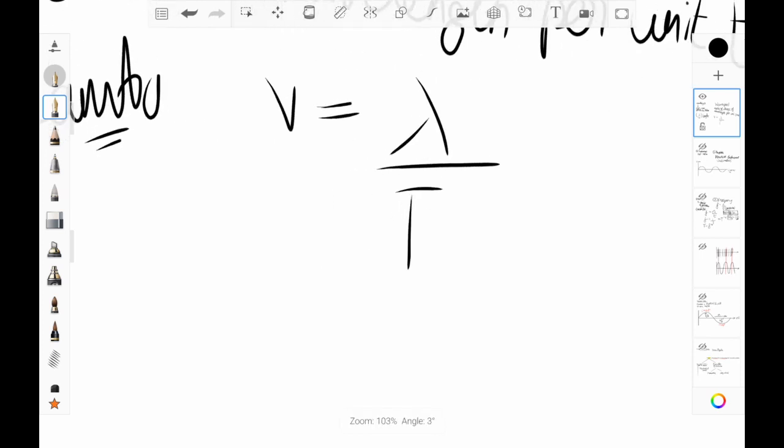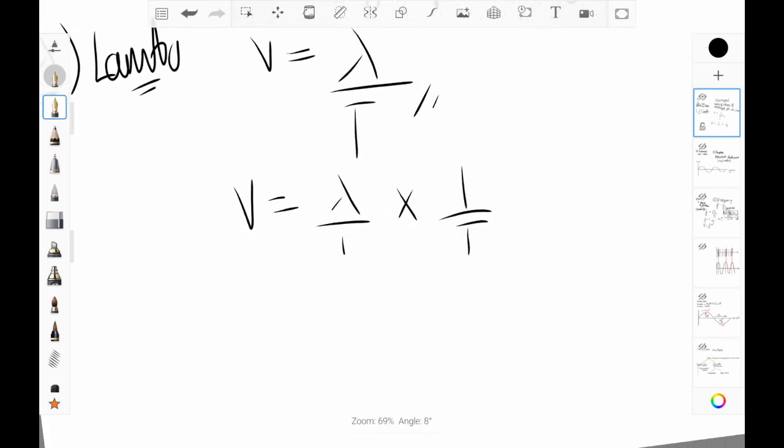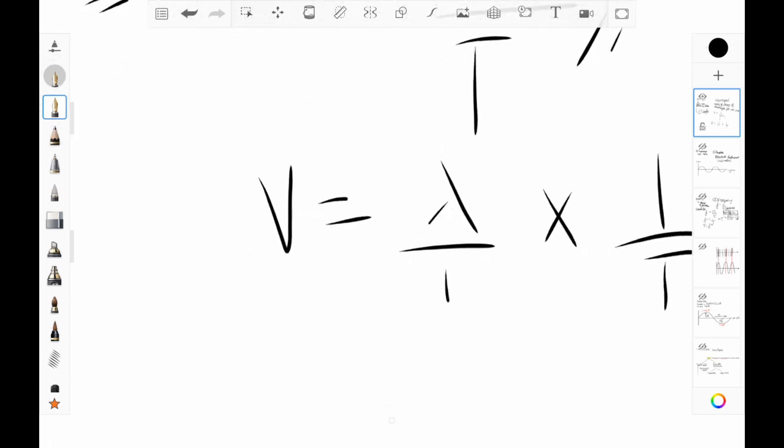Now you'll notice that this formula right here is the same as lambda over 1 times 1 over period. It's the same thing. I'm just writing it in a different way. And you'll also notice that 1 over the period is just frequency.